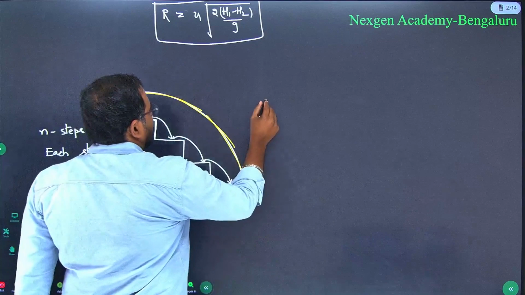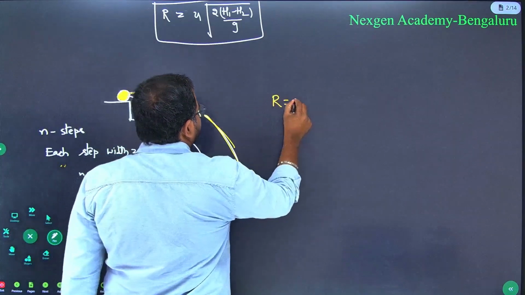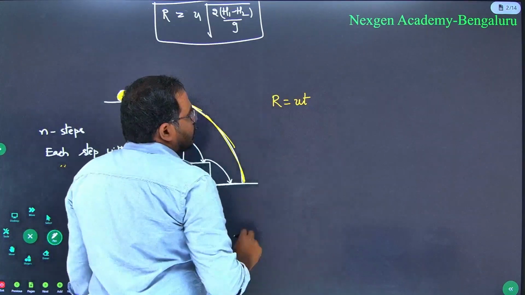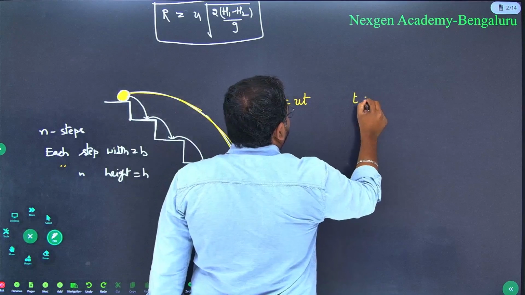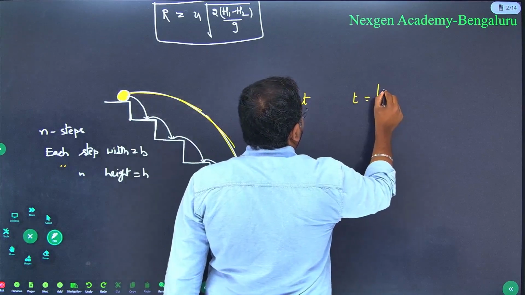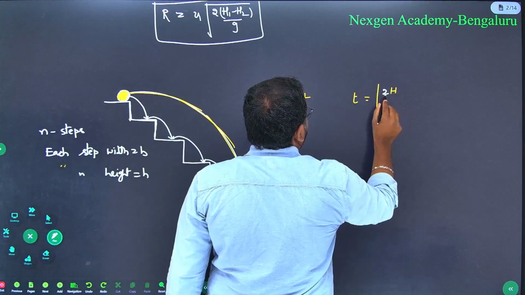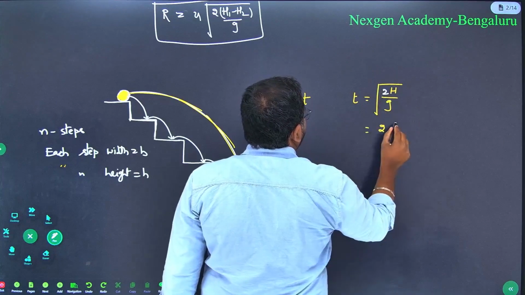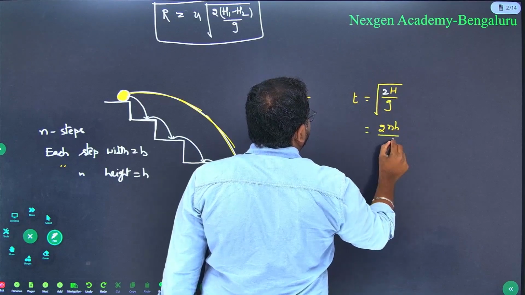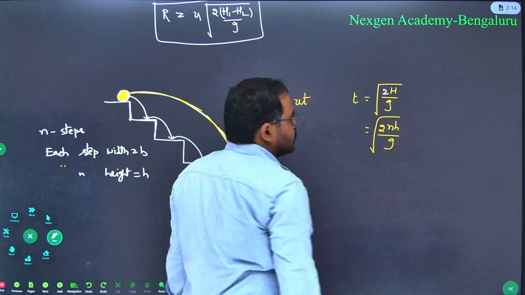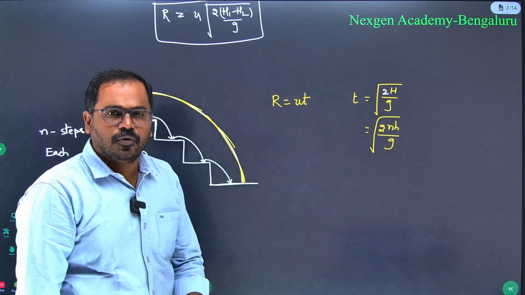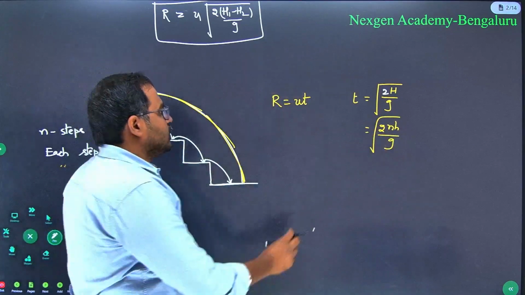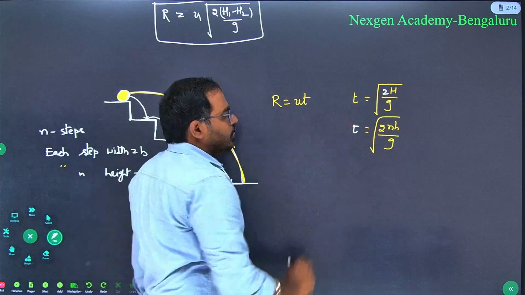So that is r is equal to u into t. t is equal to, just now we derived the formula, square root of 2h by g. As n number of steps are there, each step of height h, therefore nh, so t is equal to square root of 2nh by g.